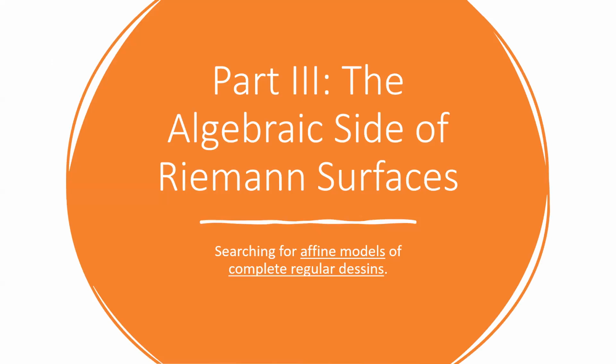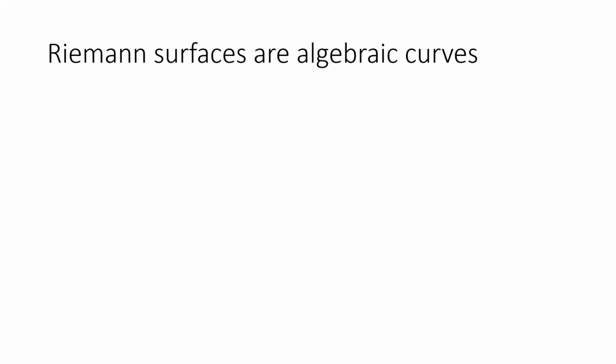Okay, so now in this part of my talk, in the last 10 minutes, I guess, I want to talk about the rest, which is the algebraic side of Riemann surfaces. So first of all, I haven't prepared this in my slides, but I just want to say it. Riemann surfaces are algebraic curves.